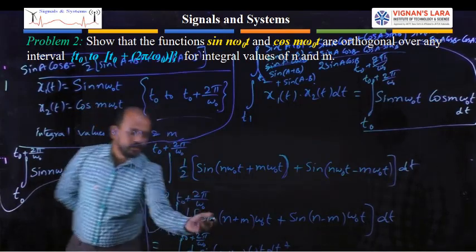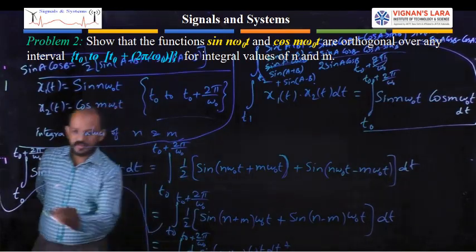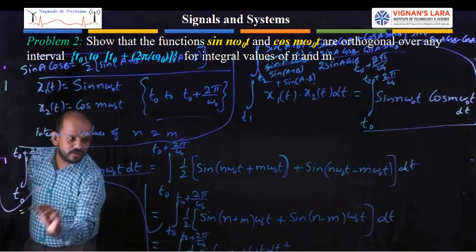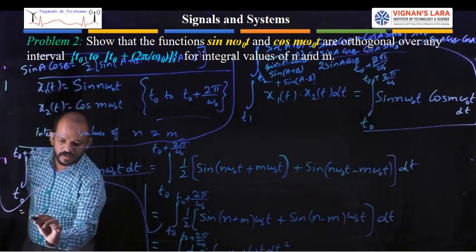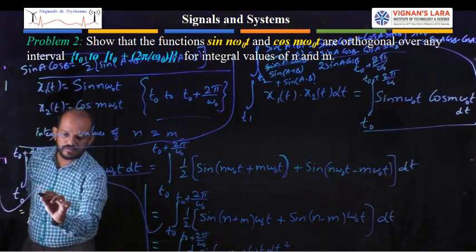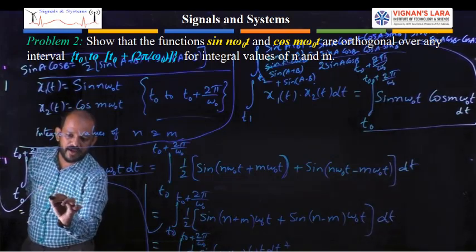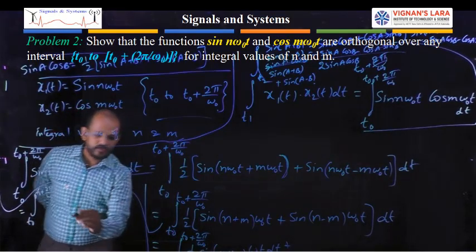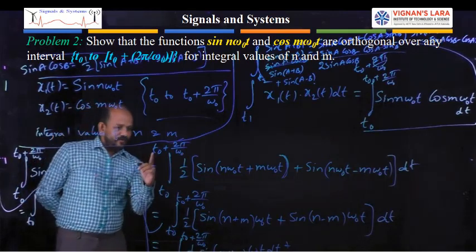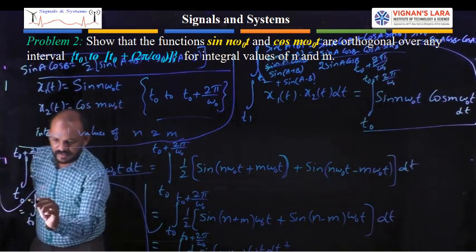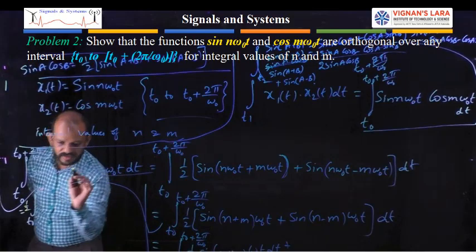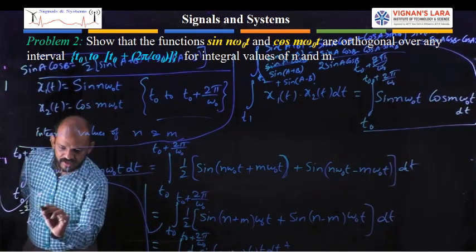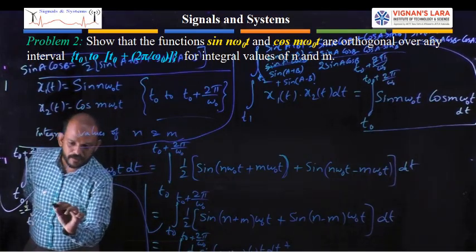See, for this how will you write? Integral from t naught to t naught plus 2 pi by omega naught. First of all, I can take 1 by 2 outside, because 1 by 2 is a constant.